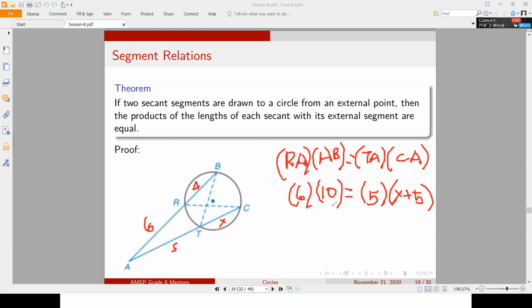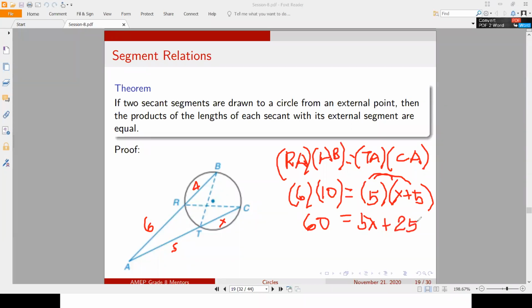So in that case, pwede natin siyang isolve. 6 times 10, that will be 60. Then this will be 5 times x, that is 5x. Then 5 times 5, this is distribution, ha? 5 times 5 is 25.